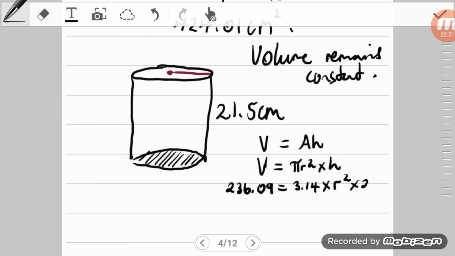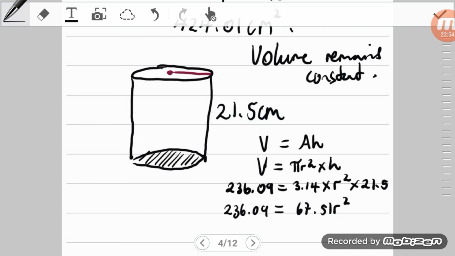So 236.09 is going to be equivalent to the product of 3.14 and 21.5, because r is the subject that we're in search of. That results in being 67.51. So that's 67.51 r squared.